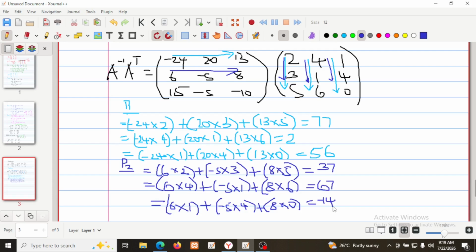Now we proceed to this row and all the columns. You follow the green, the row and the columns. We have 15 times 2, negative 5 times 3, negative 10 times 5, like that.